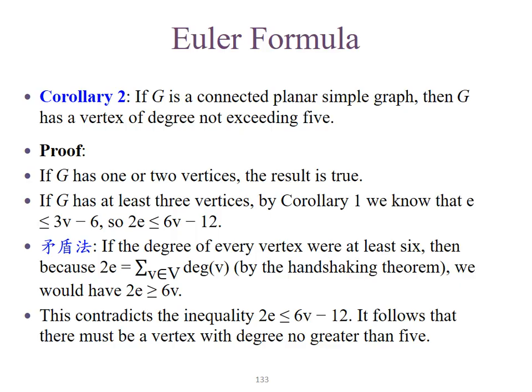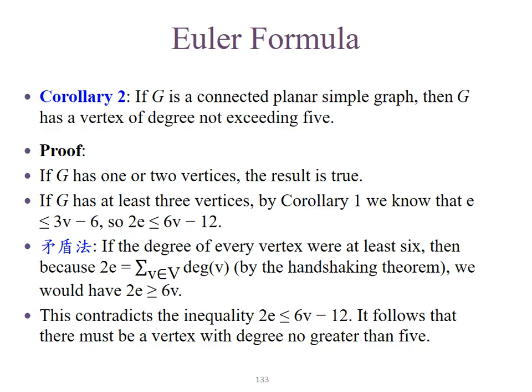That means all vertices have degree larger than or equal to 6. So we will use this to derive the computation and prove corollary 2.